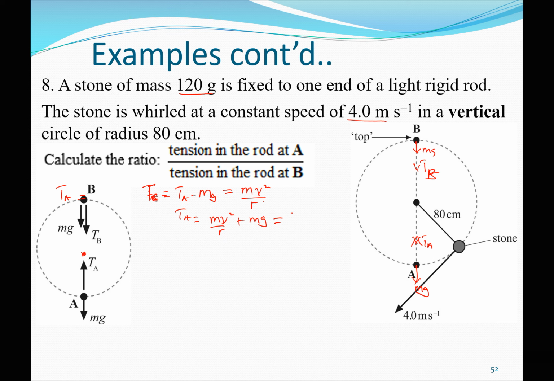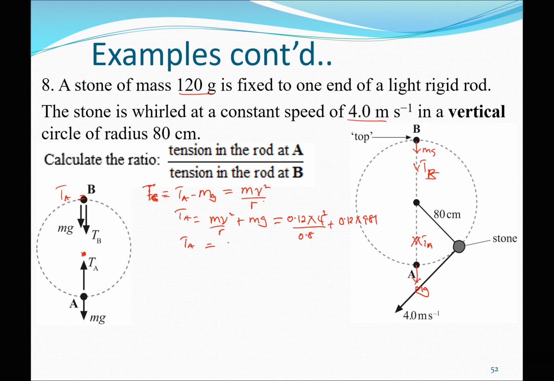M is 120 grams, which is 120 divided by 1,000, that is 0.12, times v, which is 4 squared, divided by r, which is 0.8, plus 0.12 times 9.81. So what is TA?